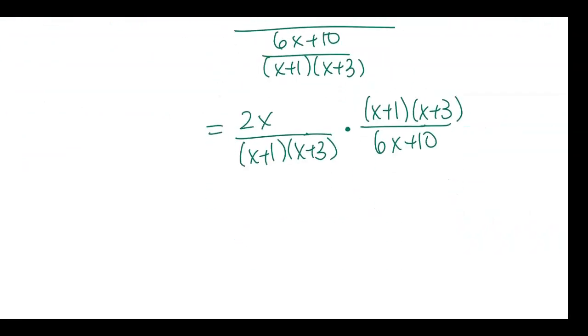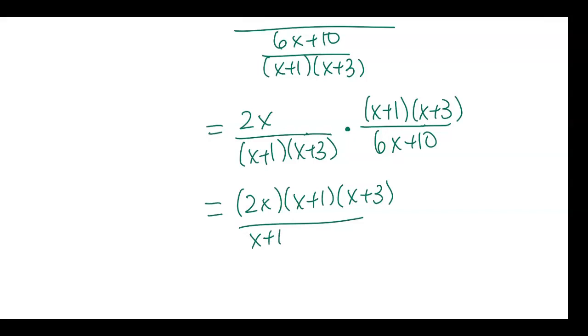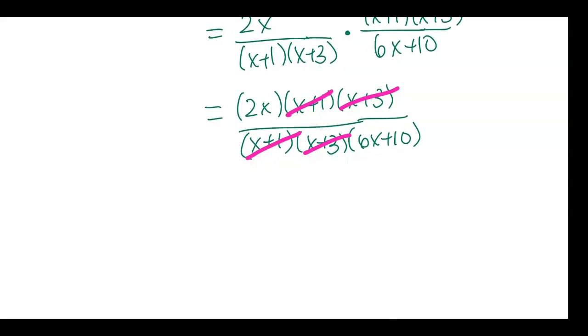All right, so before you just start canceling, I'm going to do this one last time. I'm going to rewrite everything as one fraction, so that way you can see everything that could cancel. So for sure, these x plus 1s are gone, and so are the x plus 3s. So what we're technically left with is 2x over 6x plus 10.